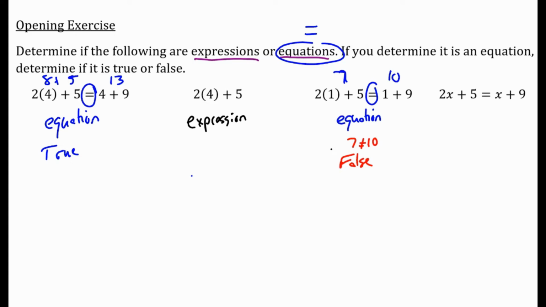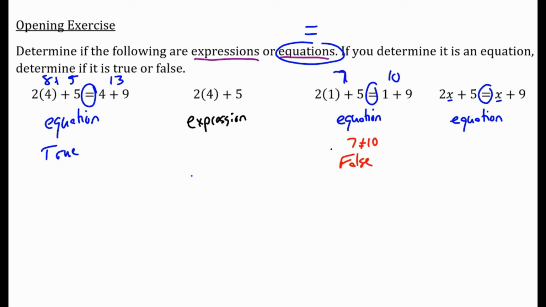This last one says 2x plus 5 equals x plus 9. Well, I see an equal to, so it's definitely an equation. But how do I know if it's true or false? I've got this variable x in there. I have no idea what x is. X could be a number. X could be anything.